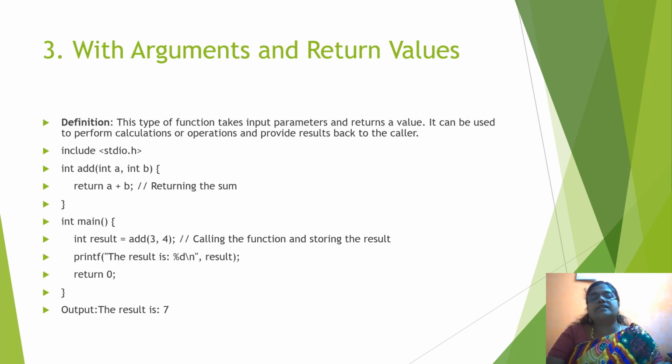With arguments and return values: this type of function takes input parameters and returns a value. It can be used to perform calculations or operations and provide results back to the caller. In this example program, add is a function that takes input parameters and returns the value 7.